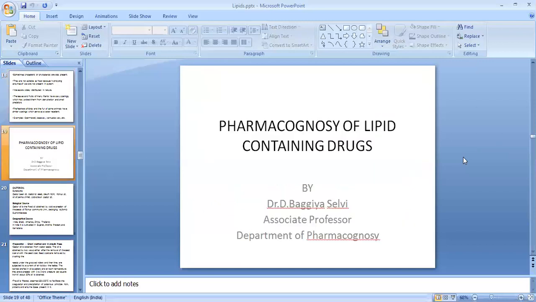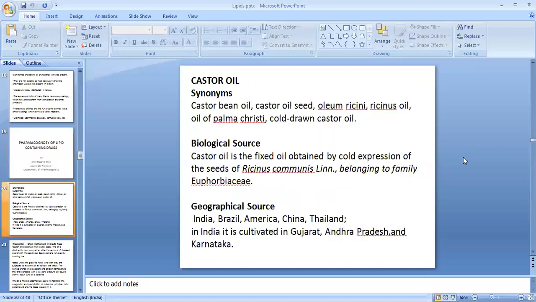And next we will see the pharmacognosy of lipid containing drugs. So under that, first we will see castor oil. All of you know very well about castor oil, and this is the oil which is obtained from the seeds of the castor plant.